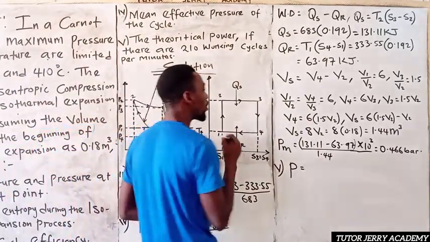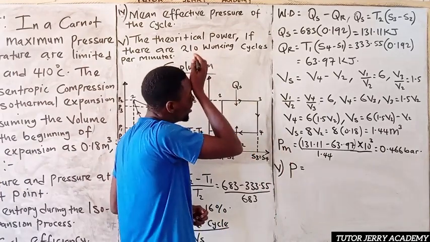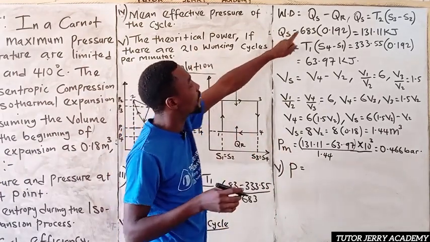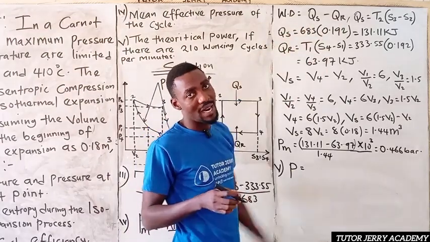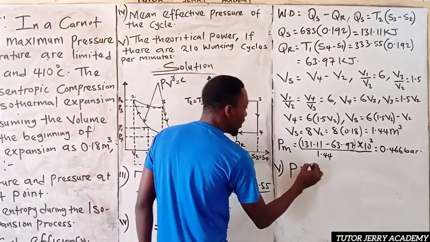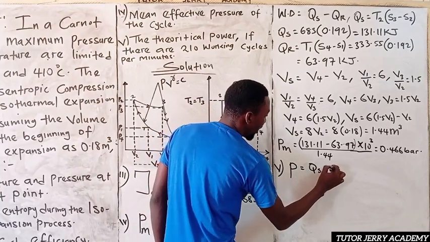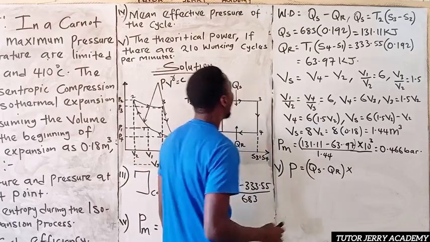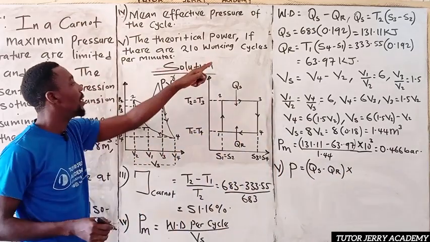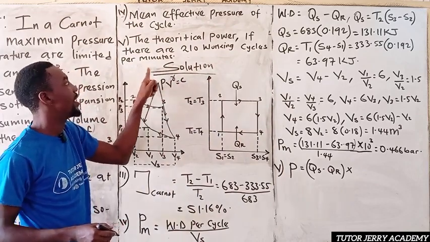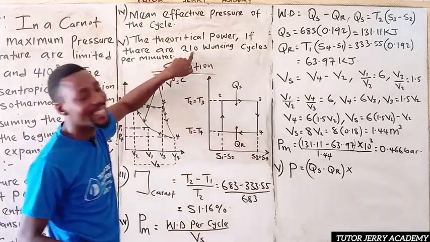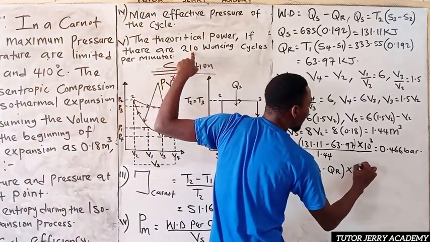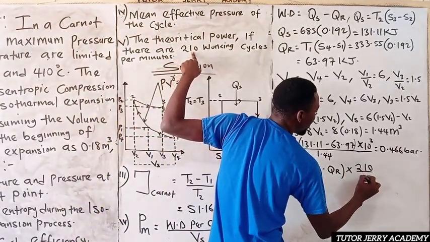And our work done is nothing but QS minus QR, right? So this is going to be QS minus QR multiplied by the working cycles per minute, and the working cycles per minute is 210. Don't forget it's per minute, so we divide by 60.